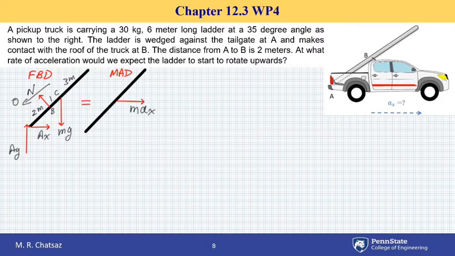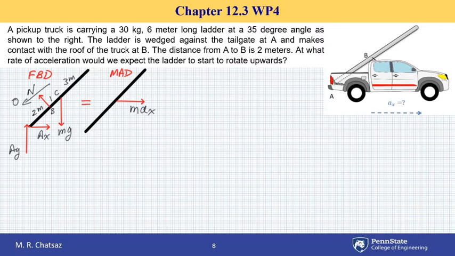In other words, when the ladder is about to rotate upward, at that moment separation occurs, therefore normal force goes to 0. So basically what I'm after is determination of acceleration AX based on equations of motion.